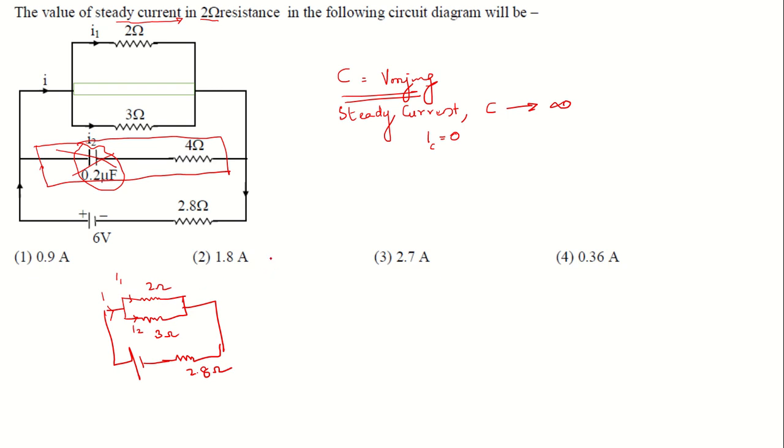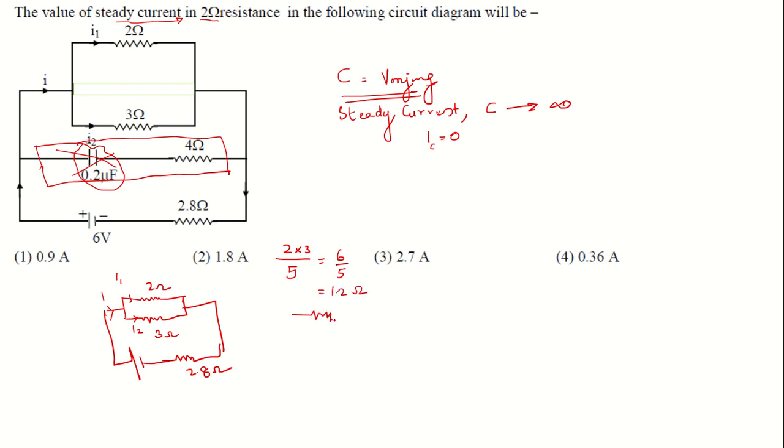It's a parallel one, and hence we can easily find the effective resistance for the parallel circuit as 2 into 3 divided by 2 plus 3, which is 6 by 5. So that is equal to 1.2 ohm.